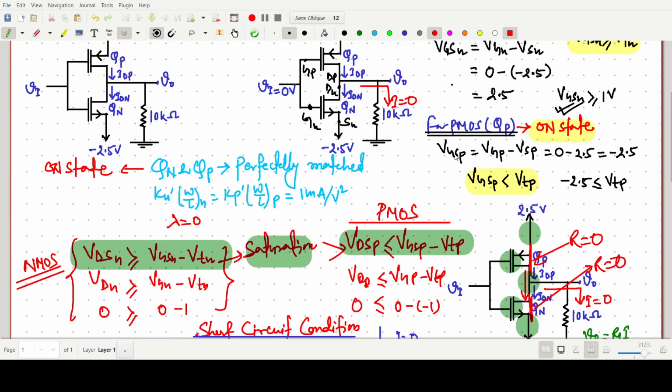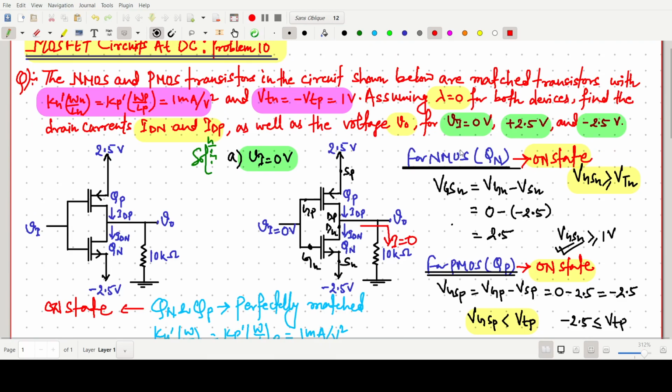Similarly, if we do it for the other condition, minus 2.5 volt, our PMOS, I am not doing it, PMOS will be in the linear region, and NMOS will be in the off state. So in this case also a very similar thing will come, V naught will become positive, where in the NMOS it is negative, and IDp will become the same as this one, 0.244 milliamperes.